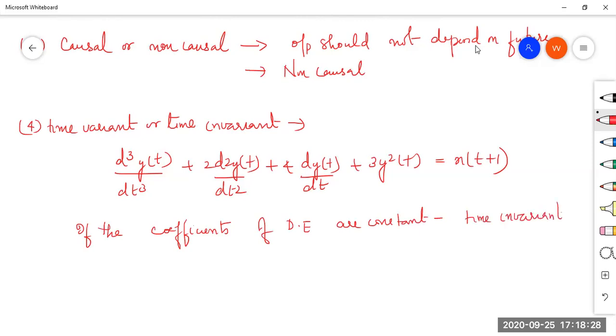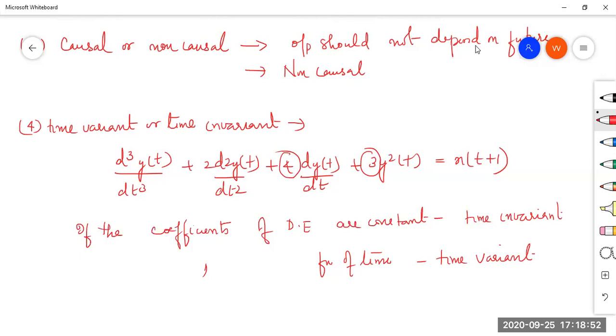Otherwise, if you have a term t, or it is a function of time, then time variant. Here, all the coefficients are constant. So you can say the system is time invariant directly.